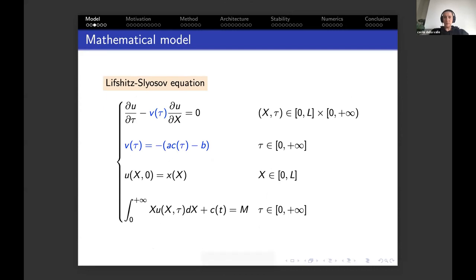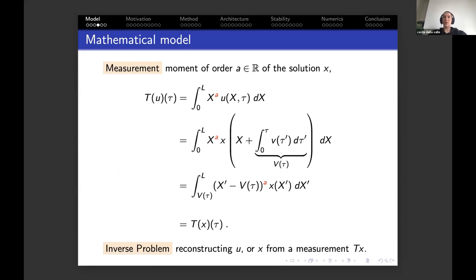And so now the type of measurement that I can have in such an experiment is a moment of order a of the solution u. So a moment can be defined as follows. It's an integral over the minimum size of the system and the maximum size of the cluster of x power a, the size power a, times u.